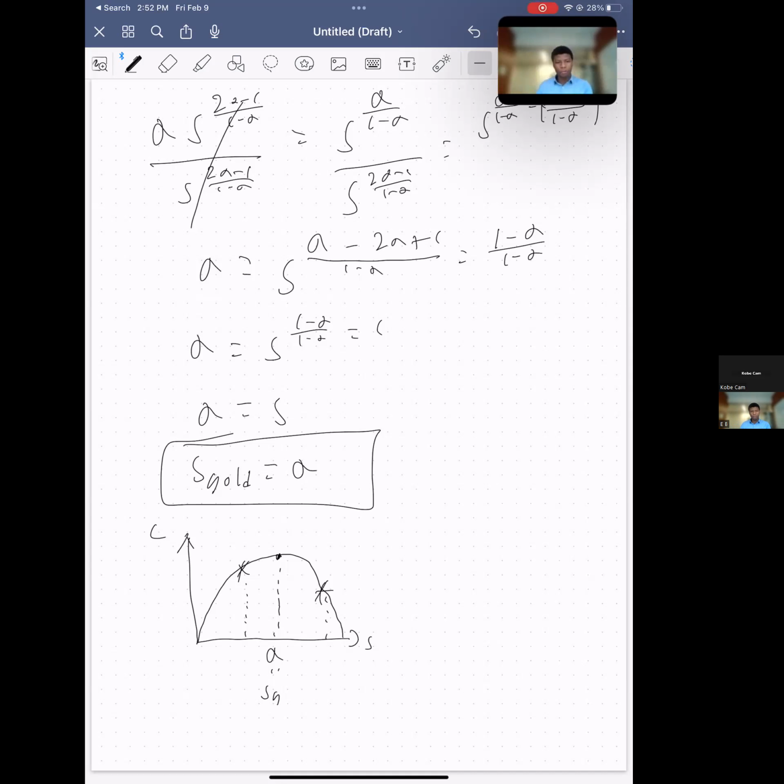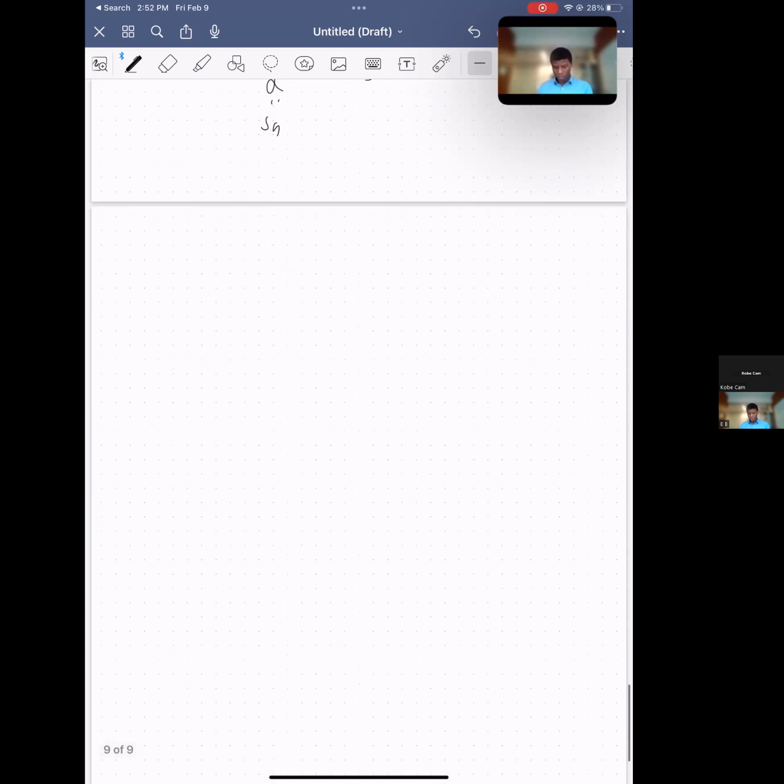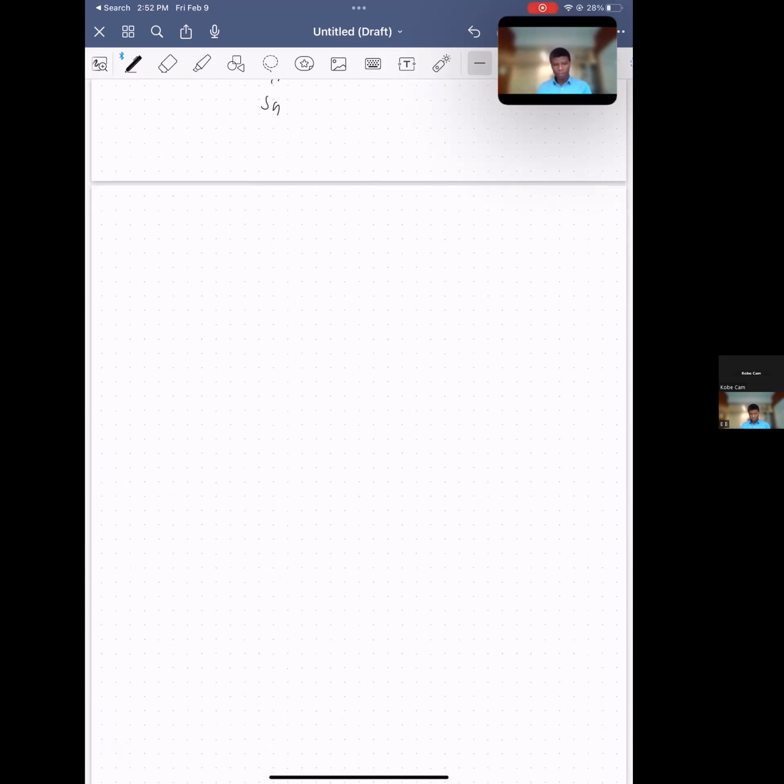Okay, let's draw what happens in Solow, right? So drawing our diagram here. Remember, we have KT and we have KT plus 1.